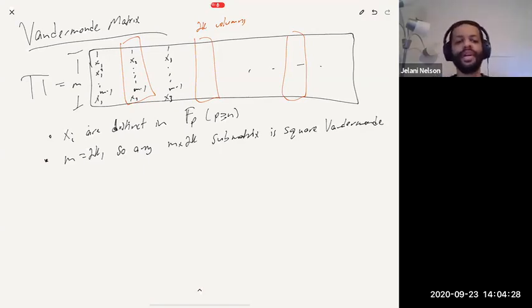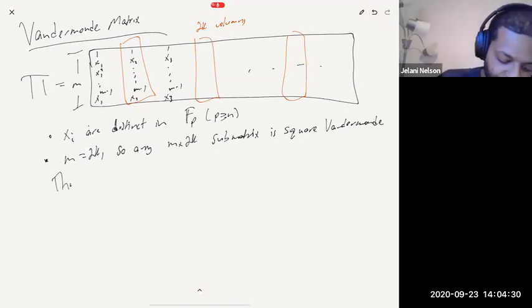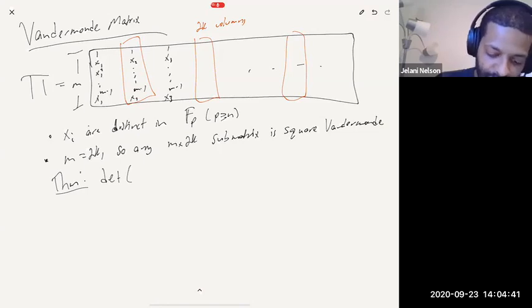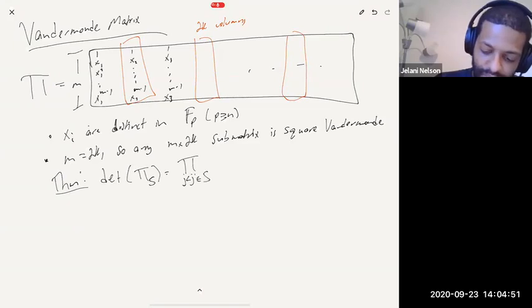And luckily for us, there is a theorem. I might have a sign error, but I think it says that if you take a square Vandermonde matrix, its determinant is the product over j less than j prime in S of xj minus xj prime.